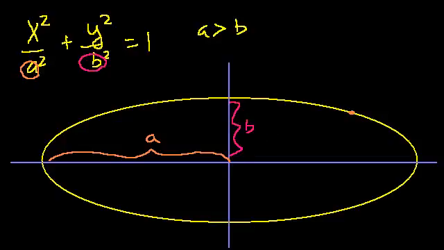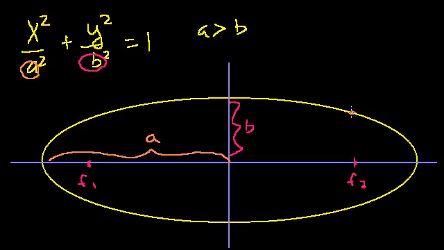And these 2 points, they always sit along the major axis, so in this case it's the horizontal axis, and they're symmetric around the center of the ellipse. So let me call this one F1, and this is F2.